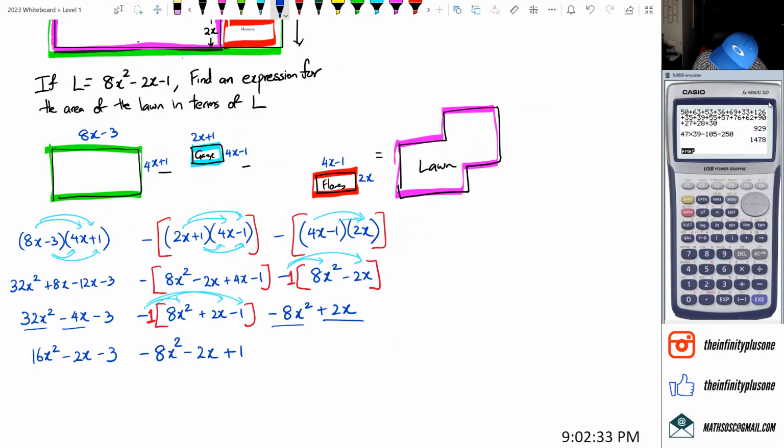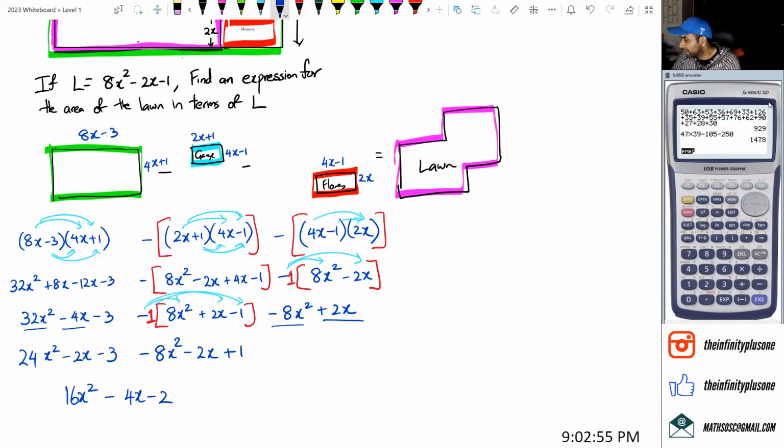So 16 minus 8, I think I've made a mistake somewhere. That's not 16, that's 24. Whoops, that's alright. 24 minus 8, 16x squared minus 4x minus 2.